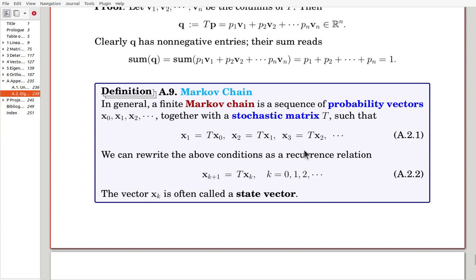This can be written as a recursive relation, x_{k+1} equals Tx_k. Each x_k is called a state vector.